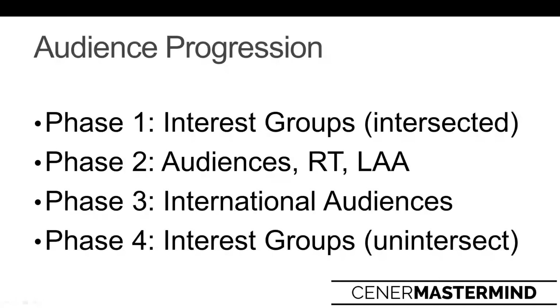So phase 4 is the same as phase 1, except I told you when we were doing our interest grouping, there's built-in scalability in these audiences, right? Built-in scalability in the audience. You have the ability to simply unintersect your intersected interest group. So let's say you have something like the Cat Magazine interest group, and it's 5 million in size, but you've intersected it down to 300,000.